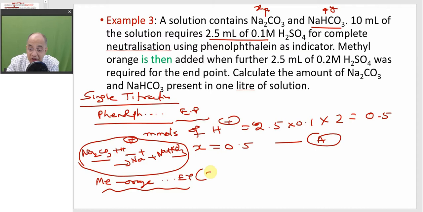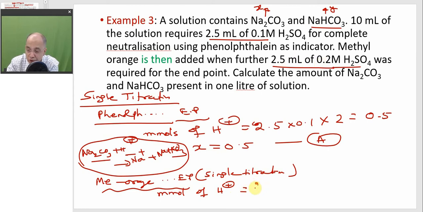Now this is a single titration. That means the same analyte solution is used, and you have added the indicator in the same analyte, and an extra 2.5 ml of 0.2 M sulfuric acid was required. This was 0.1, this was 0.2 M. Now the number of millimoles of H plus ions consumed in the second, that is the methyl orange endpoint, the extra amount needed was 2.5 into 0.2, into 2, because sulfuric acid is not hydrochloric acid.